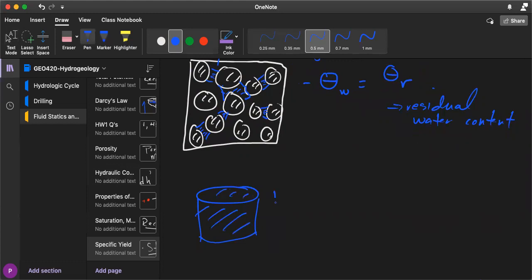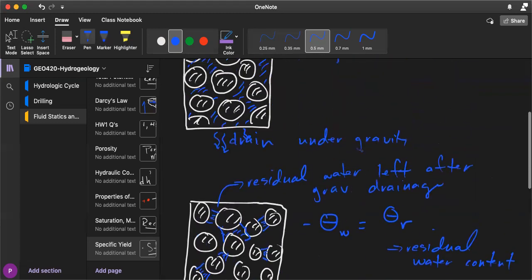We want to know the volume of the water that was released. And this is approximately equal to the number of beers we can drink out of this water. So that's what we care about. We care about the volume of water released.